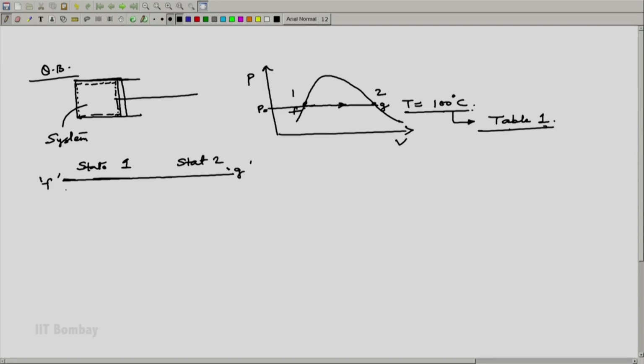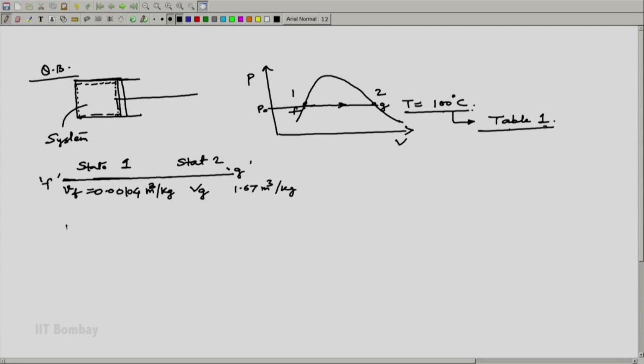So the properties at state 1 and state 2 can be read from the steam table, and I will write down those values. vf is equal to 0.00104 meter cube per kg, and for state 2, vg is equal to 1.67 meter cube per kg.